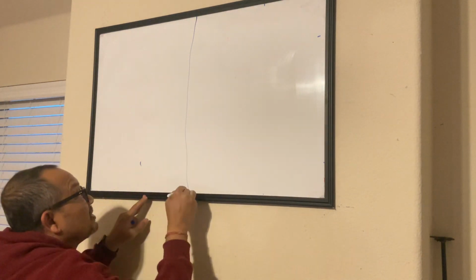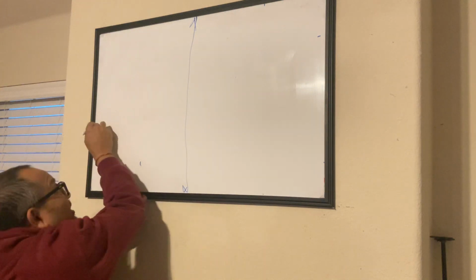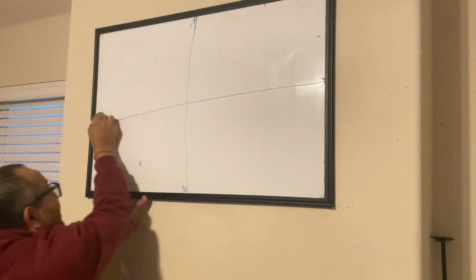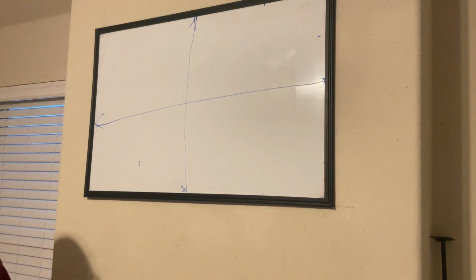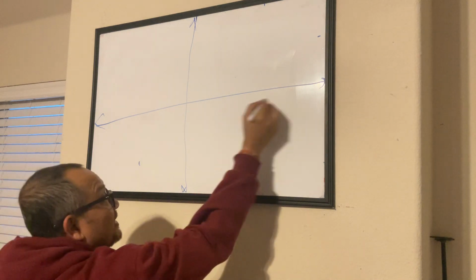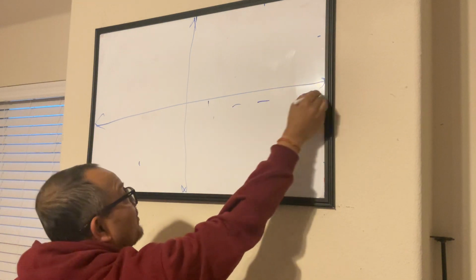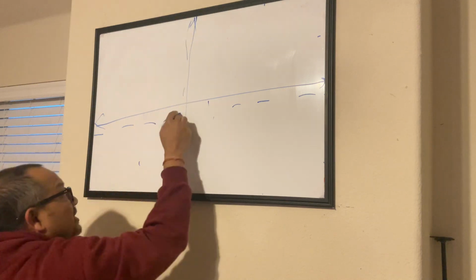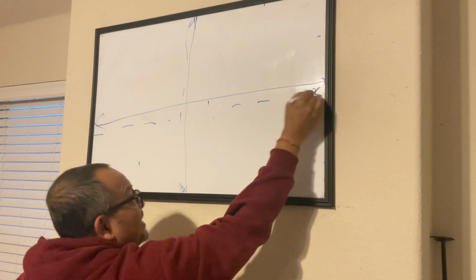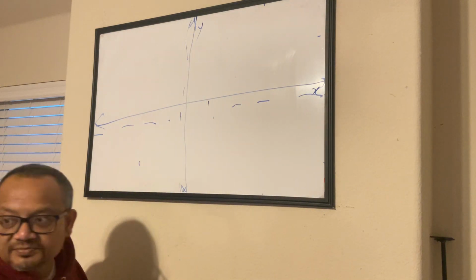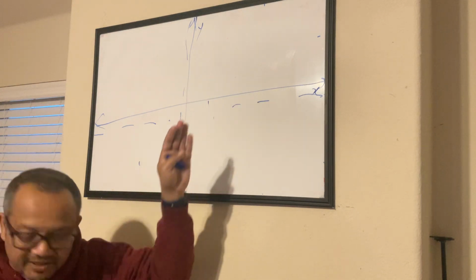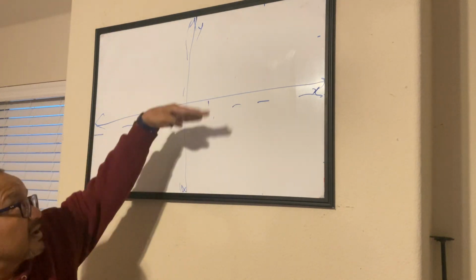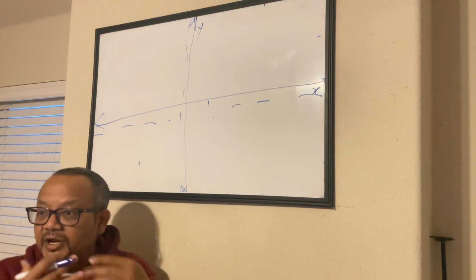Now you can look at this board split by these 2 number lines. This is 1, 2, 3, 4, 5, 6, minus 1, minus 2, 3, 4, and this side is 1, 2, 3, 4. This is called the x-axis and this is called the y-axis. This is called a coordinate plane, where you have 2 number lines giving you a way to locate different points.